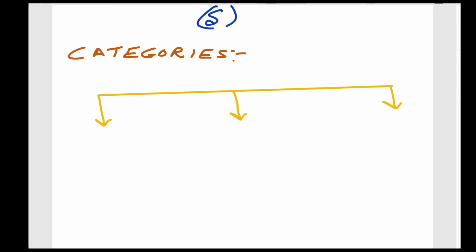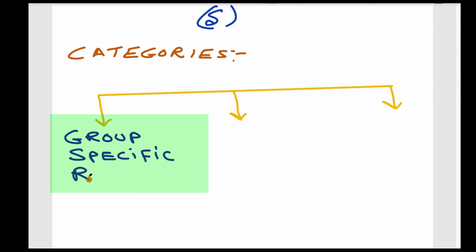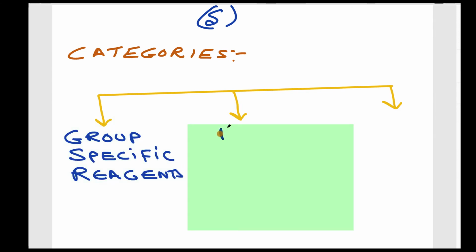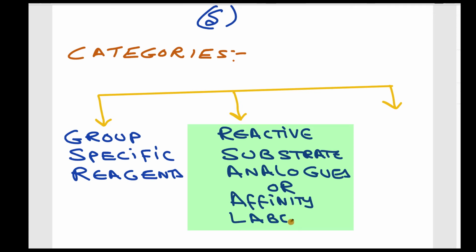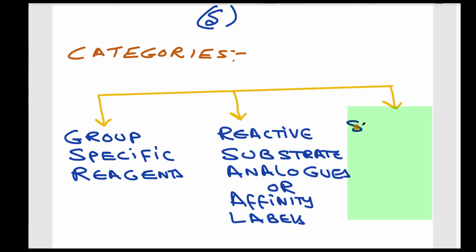The first one is group specific reagents. The second one is reactive substrate analogs, or affinity labels. The third one is suicide inhibitors.